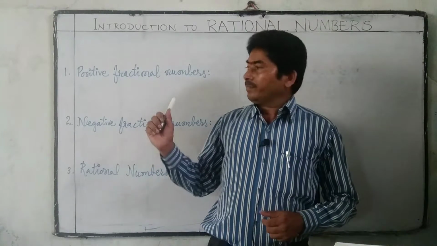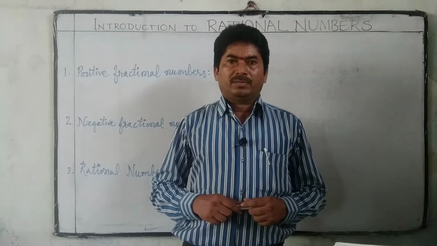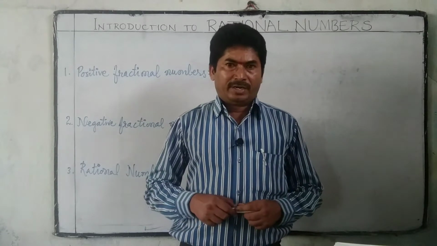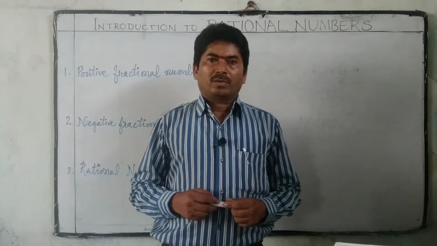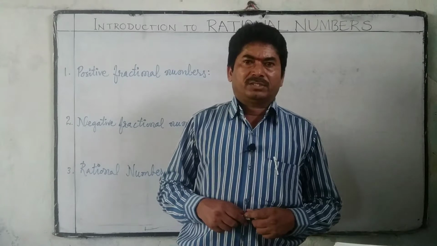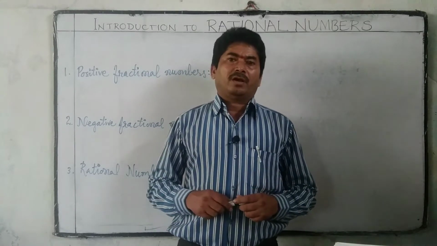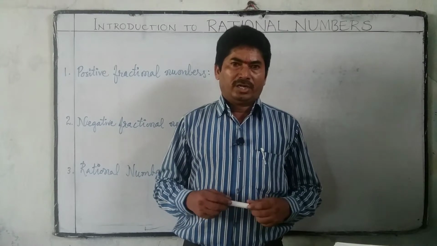Before learning these topics, we have to discuss few numbers what we learnt in previous videos. Those are natural numbers. What are natural numbers? The numbers which are used to count things are called natural numbers.